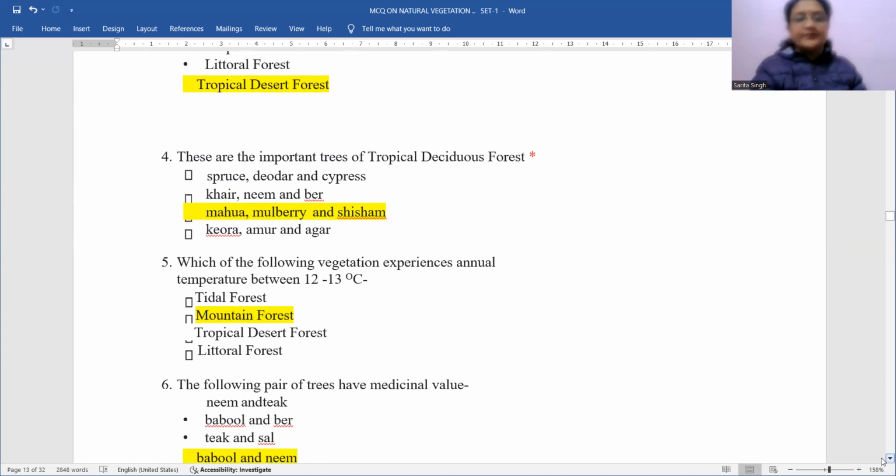So, यहाँ पर जो है बेस्ट आंसर यहाँ पर होगा mahua, mulberry, and shisham. Okay, next question, which of the following vegetation experiences annual temperature between 12 to 13 degrees centigrades? So, the answer will be mountain forest. Okay, next है, the following pair of trees have medicinal value.